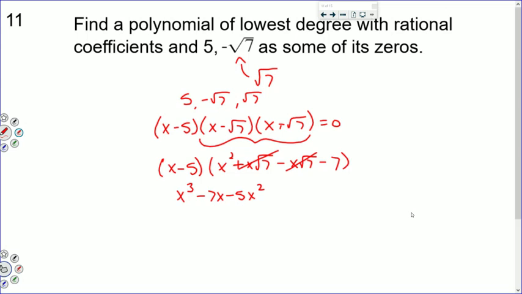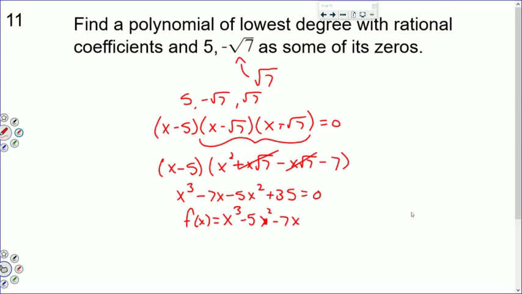Negative 5 times negative 7 is positive 35 equals 0. So if we reorganize this and make it look better, we have some function that is equal to x cubed minus 5x squared minus 7x plus 35. Sorry, that kind of looks like an 8.